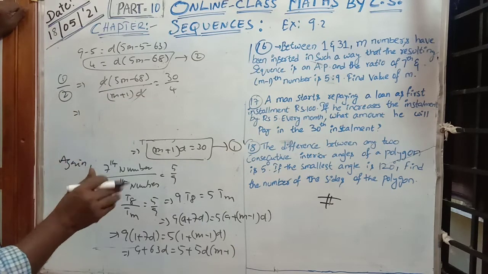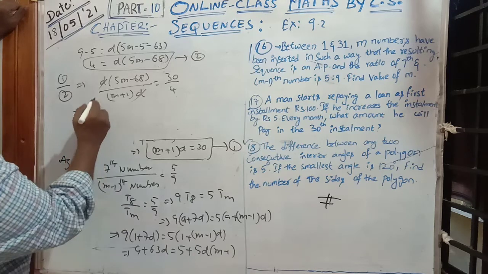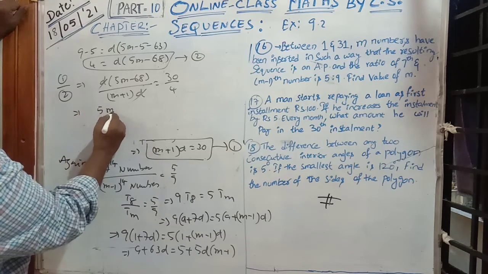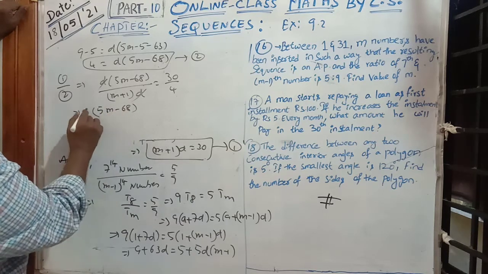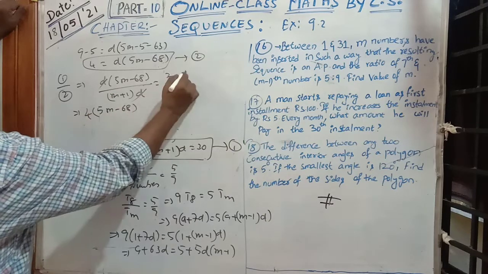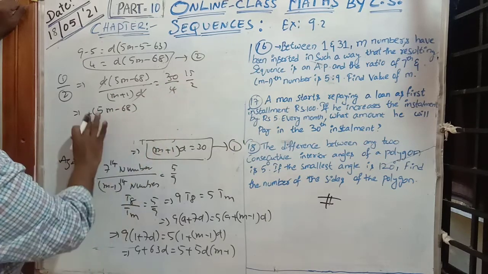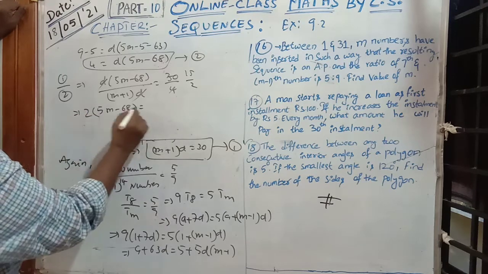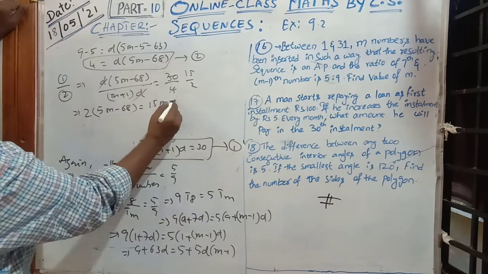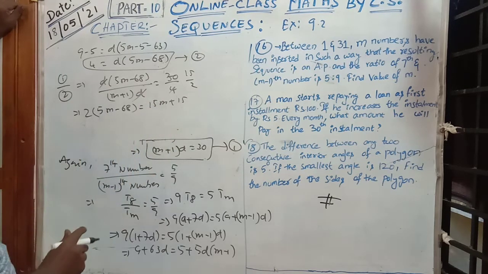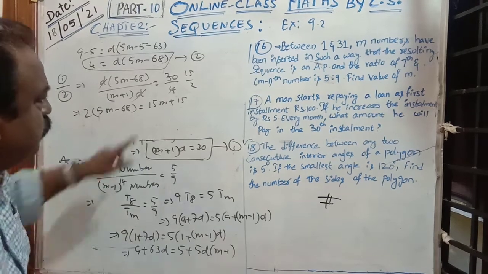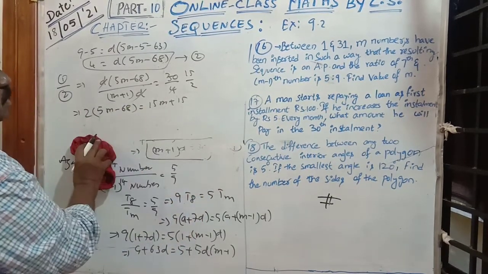It is (5m minus 68) by 4 equals 15 by 2 into (m plus 1). Cross multiplication. 30 by 4 is nothing but.